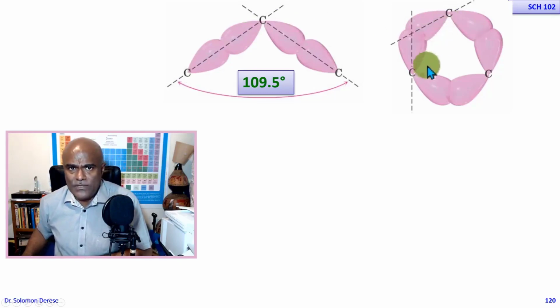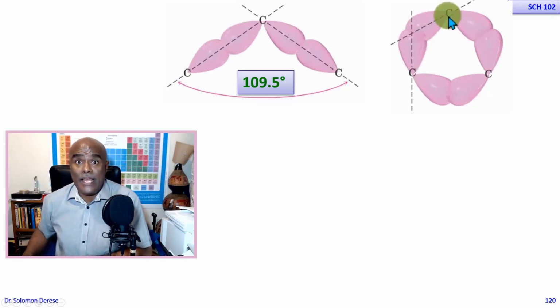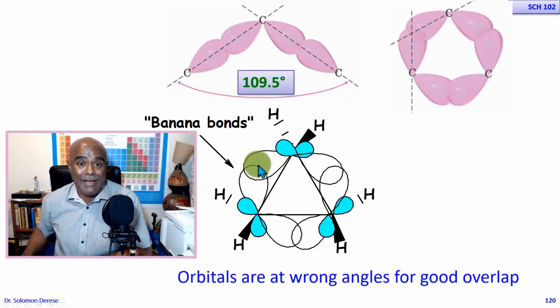But in the case of cyclopropane, the electrons of the bond lie above the nuclear axis. As a result, they are weak. They are bent to the point of breaking. In fact, the way the orbitals have overlapped in cyclopropane is like a banana.